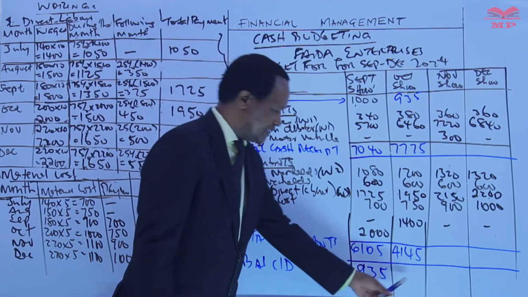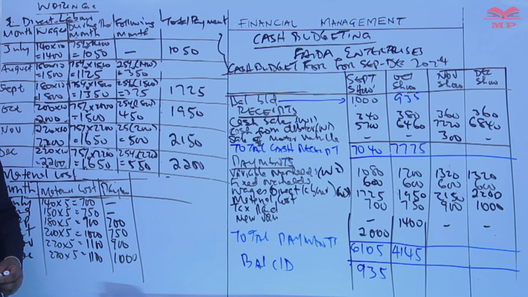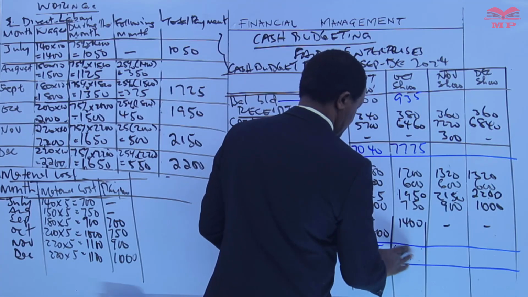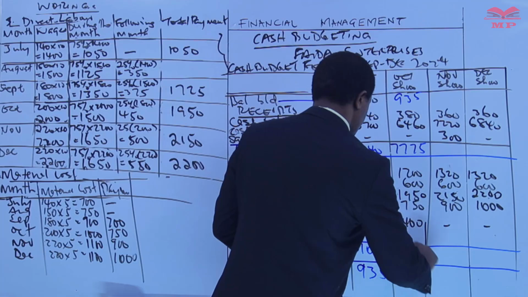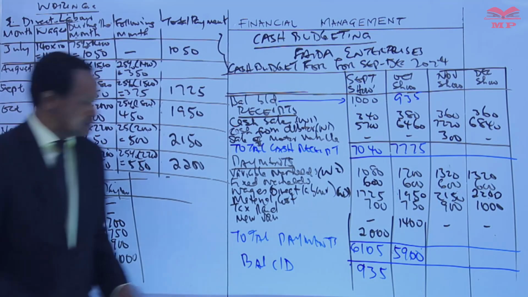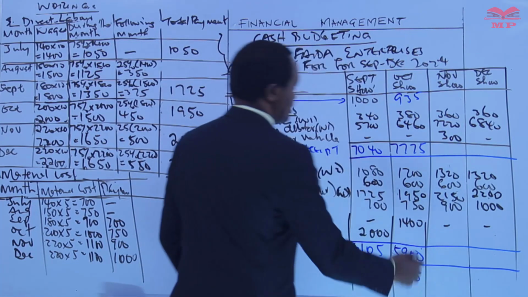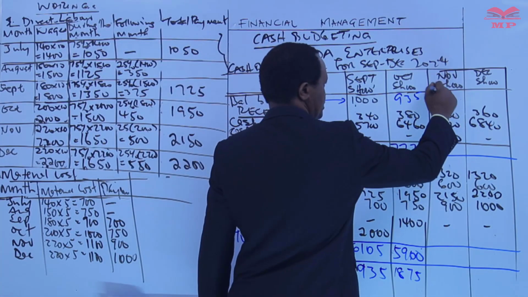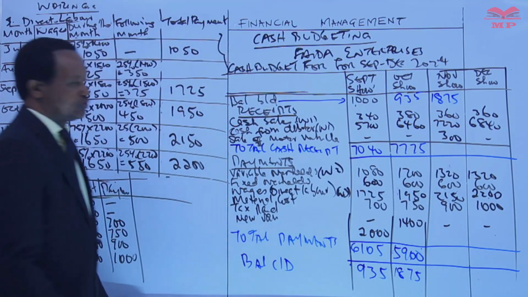So what's the balance at the end of October? 59, not 41. This is 59. So give me the correct balance. So if this is 1875, then it becomes the balance brought down in November, 1875. What's the total receipts in October?